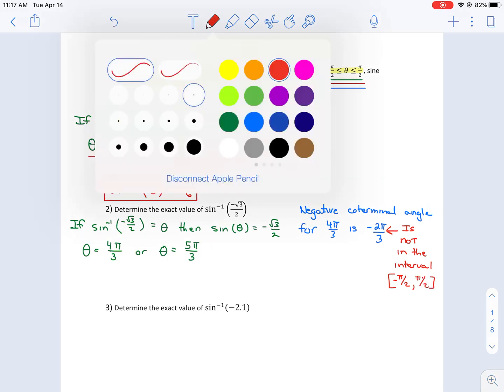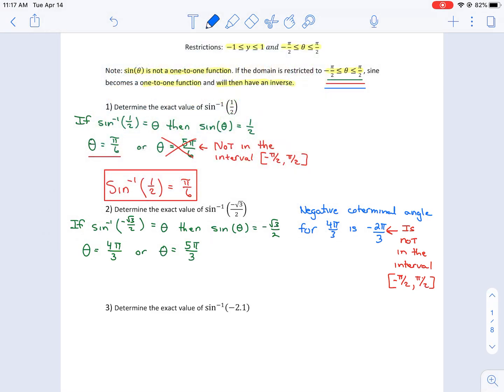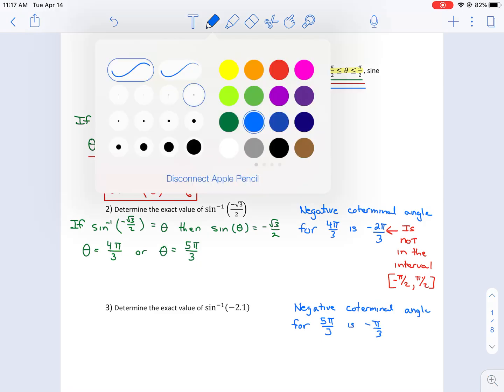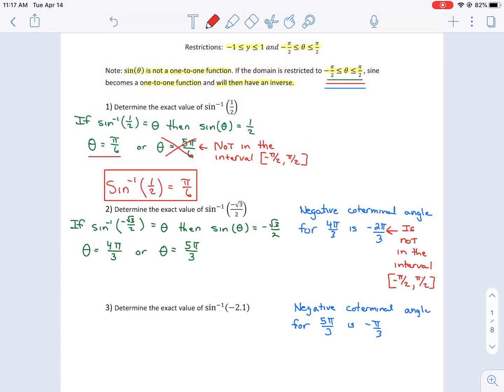All right, now we're going to find the negative coterminal angle for 5 pi thirds. And that is negative pi thirds.